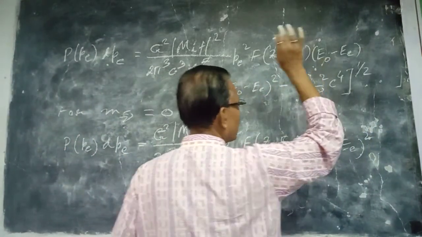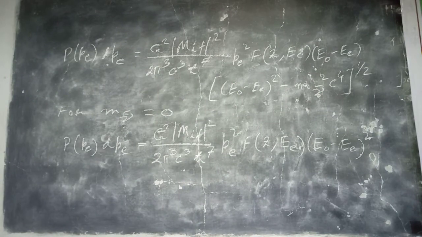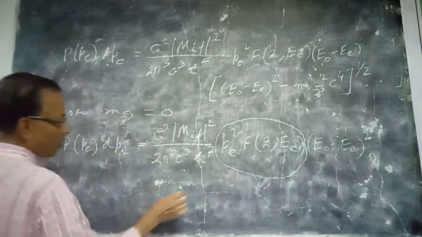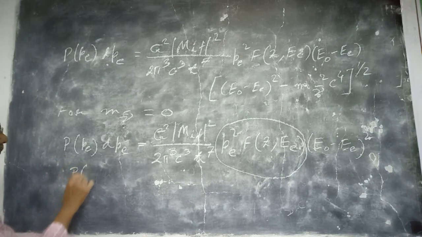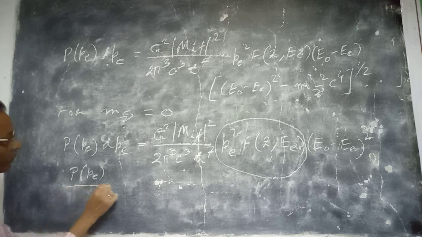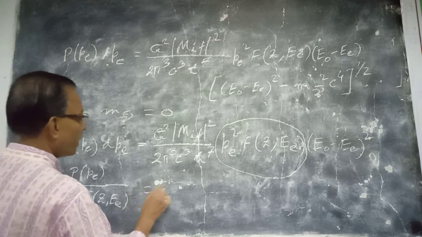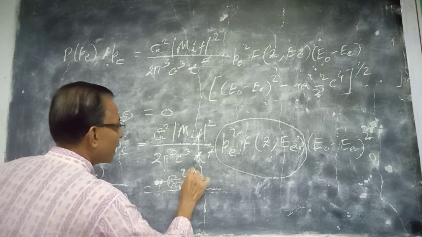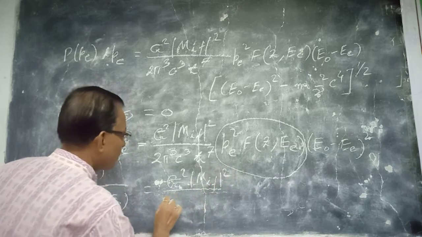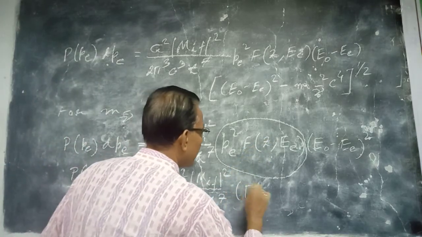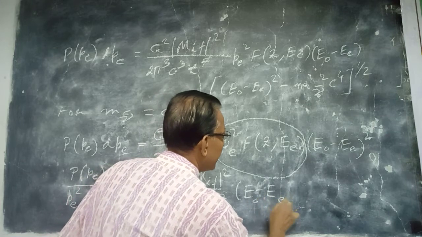One is from here, another is here. Now if you take these two factors to this side, you get dP by p square F(Z, E), that is the factor G square M_if matrix element square by 2 pi cube c cube h cross to the power 7, times E0 minus E whole square.